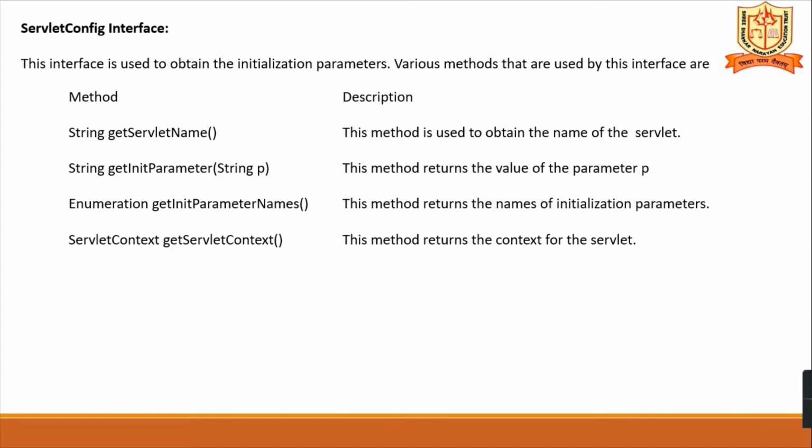If there are n number of servlets, then there are n number of ServletConfig objects. Is it clear? But for one web application, only one ServletContext object is created. In one web application, if there are n number of servlets, then n number of config objects are generated. So if the servlet is destroyed, then the servlet's config object is also destroyed.